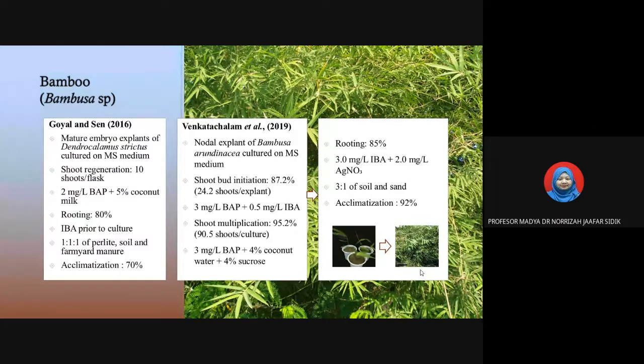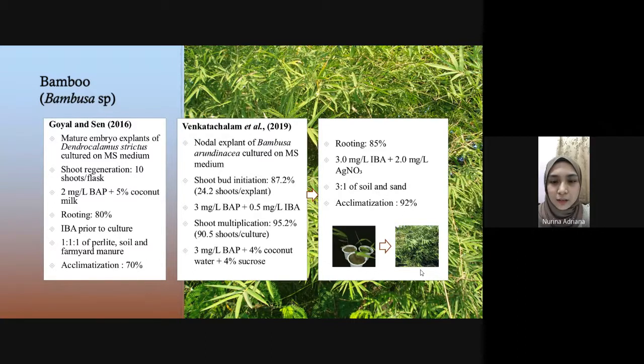Oh, you use three journals, right? And then only three journals on different species. Yes, doctor. And then you have different plant growth regulators. Yes, doctor. Okay, so meaning that you reviewed it in different species, right? Yes, doctor.